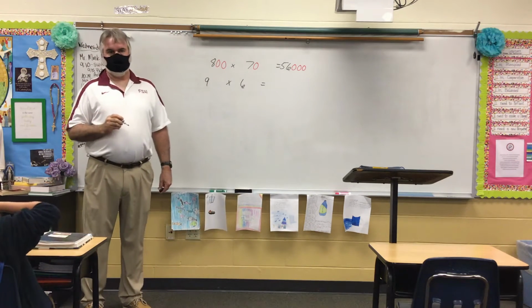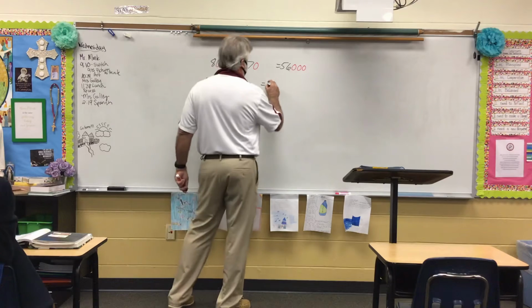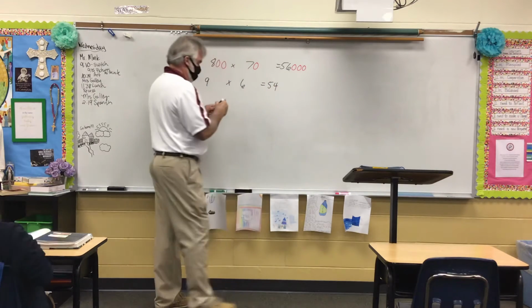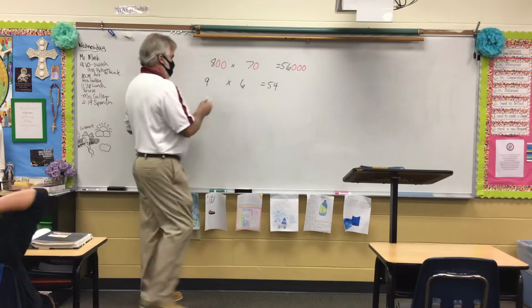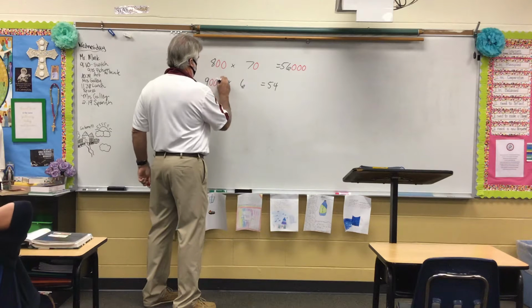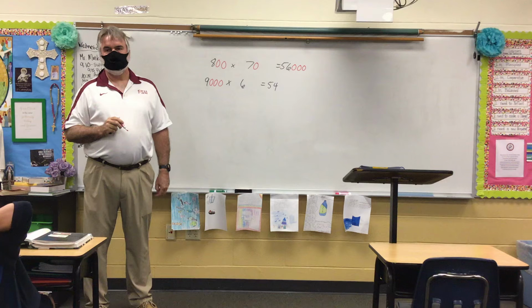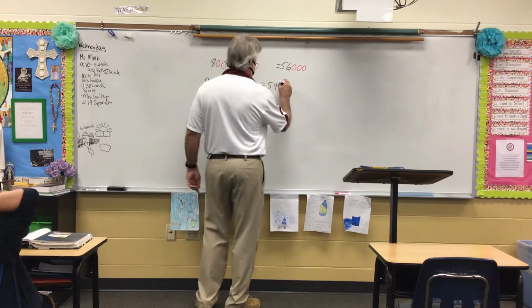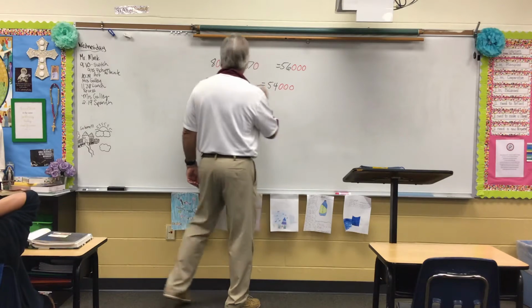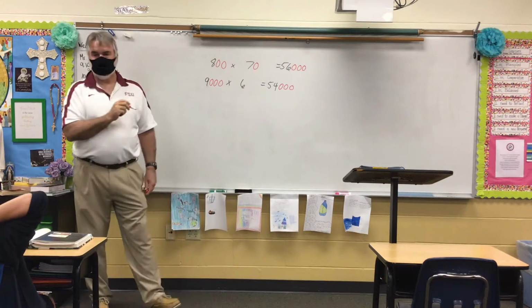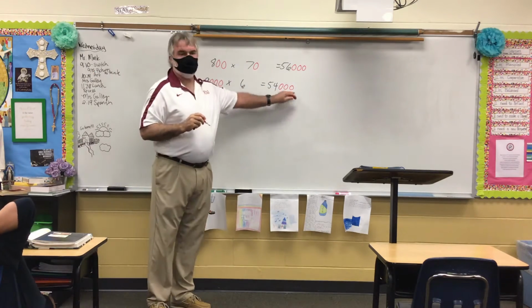Nine times 6, 54. 9,000 times 6. 54,000. Because I have 3 zeros, I need to put 3 zeros over here.